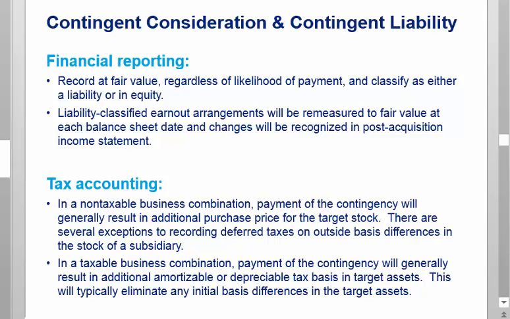The way the book accounting works for that is they will come up with an estimate of what that future consideration is worth based upon their best guess, their fair value. So if they think that earnout in my example is worth $200, then they'll treat $200 as purchase price.